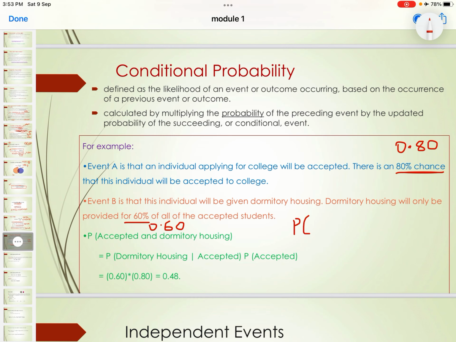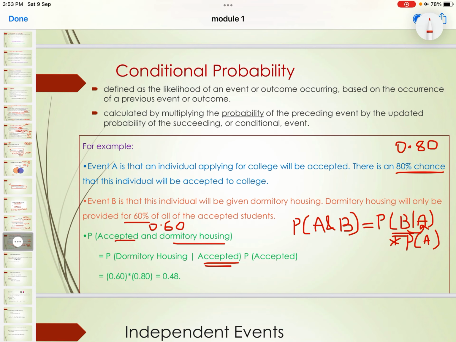So P of accepted as well as A, that person has dormitory, is equal to P of B given A into P of A. So accepted and has dormitory is equal to P of dormitory occurrence given accepted.